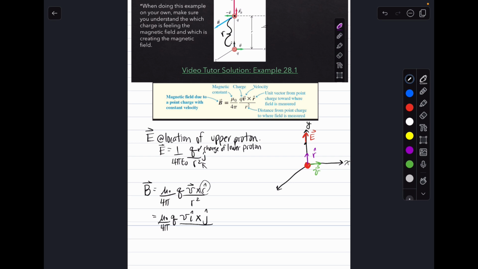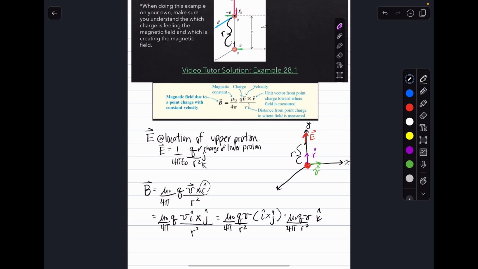What is r squared? Well, if we just call this distance r, r squared is just r squared. And so if we move all of our constants to the left, all we need to do is perform i cross j. And what we get is k, right? i cross j is k.